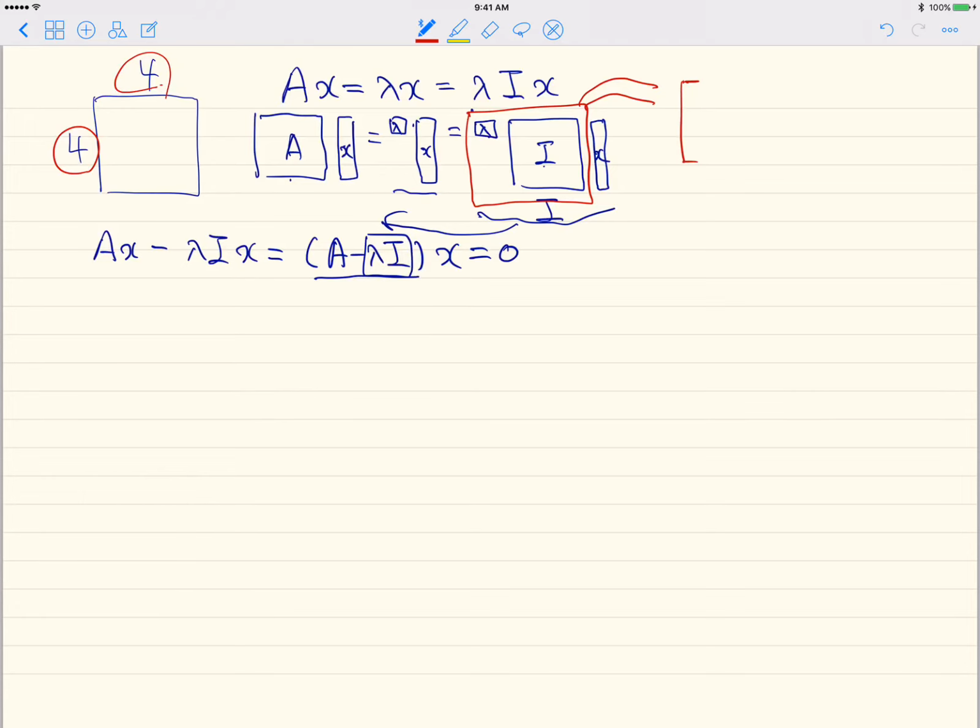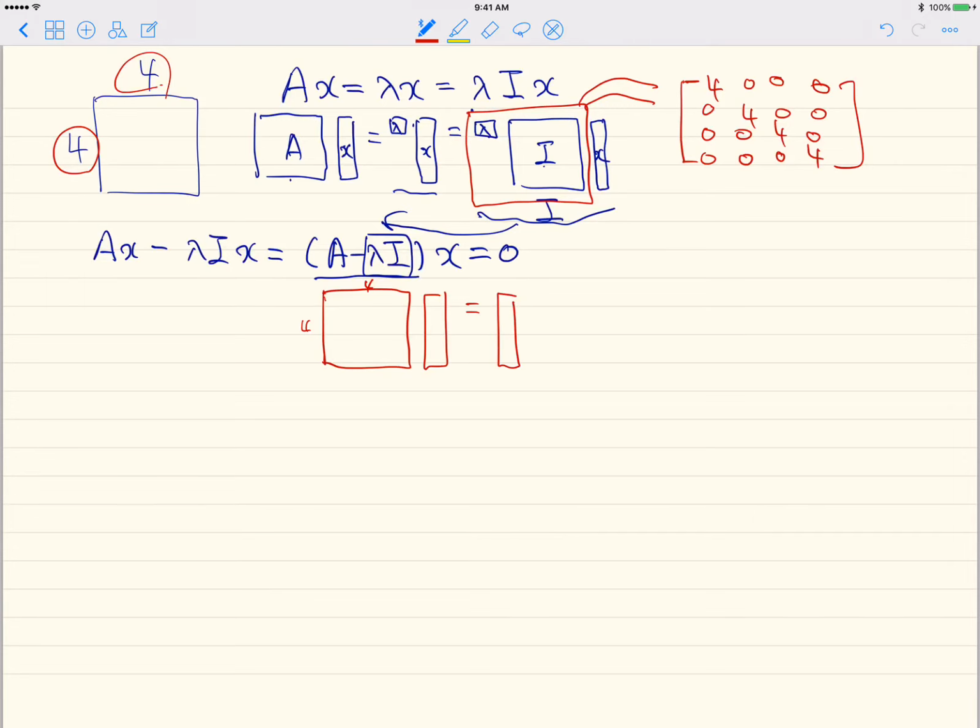Then lambda I is just 3, 3, 3, 3 on the diagonal, and 0 everywhere else. Then (A minus lambda I) times x should be 0. The matrix is a 4 by 4 matrix, but the vector on the right becomes a 0 vector.